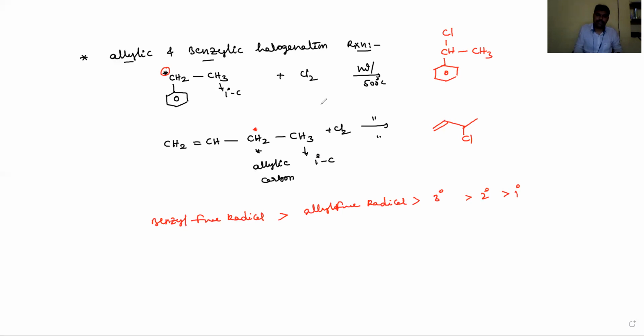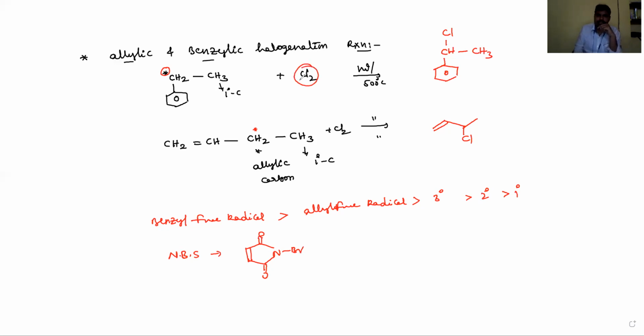And another important one: if you want to do allylic and benzylic bromination, then we need to use NBS, N-bromosuccinimide. N-bromosuccinimide is a good allylic and benzylic brominating agent, dear students.